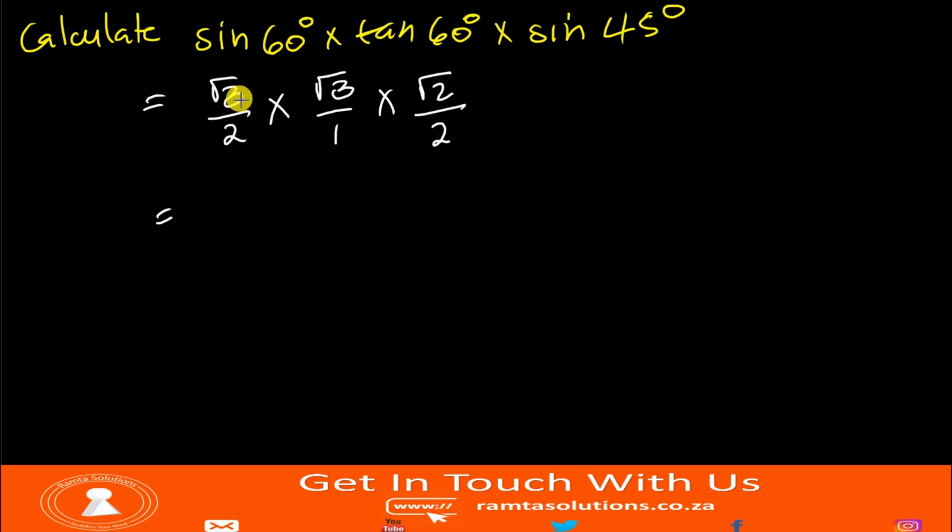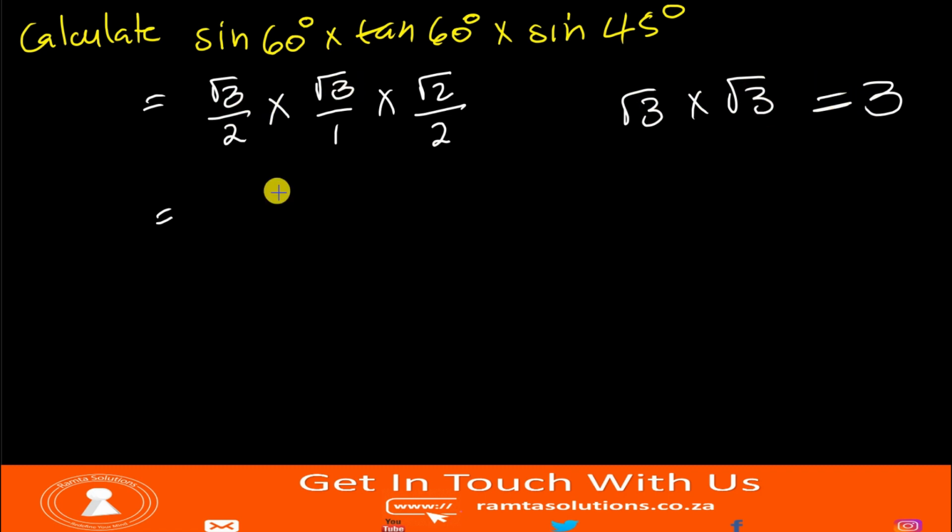So, root 3 times root 3 times root 2. This will be root 3 times root 3. If you have a calculator, press root 3 times root 3. Your calculator will return 3. You will understand this later in grade 11.